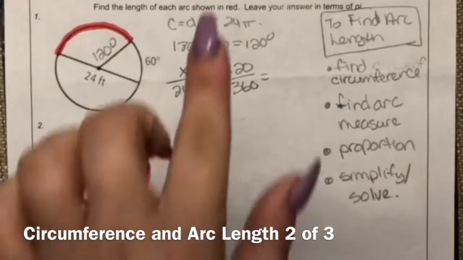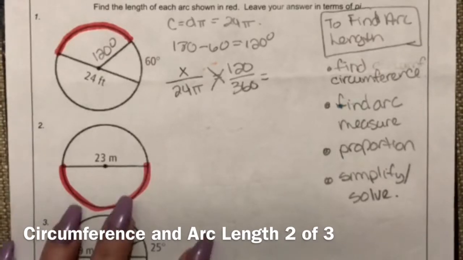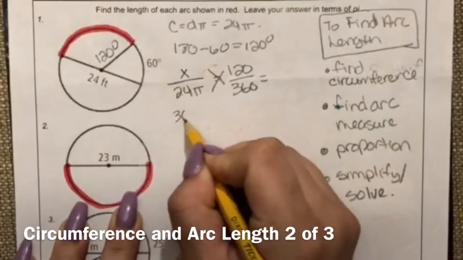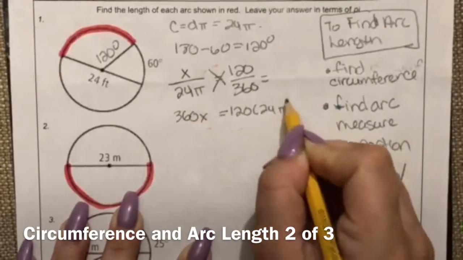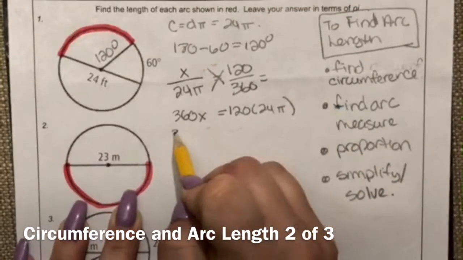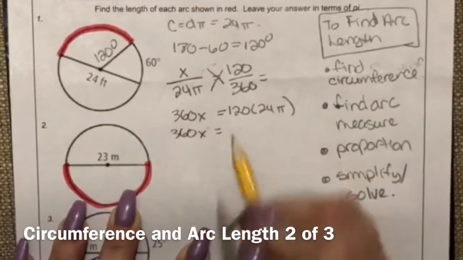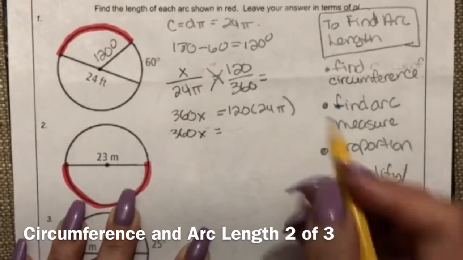Since the instructions say to leave our answer in terms of pi, I am not going to convert pi to 3.14, but instead I'm going to try and simplify these fractions as much as possible. 120 times 24 is 2,880.